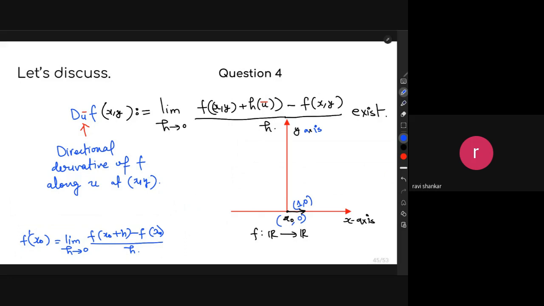In the x direction, what are the two vectors? Either 1 comma 0 or minus 1 comma 0. These are the two unit vectors lying on the x axis.